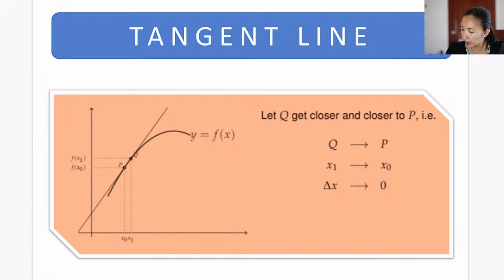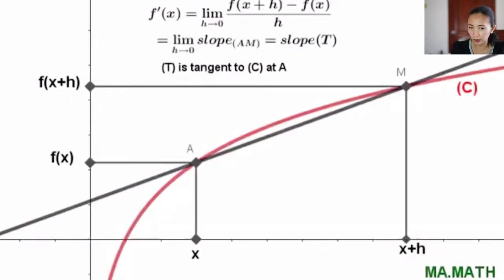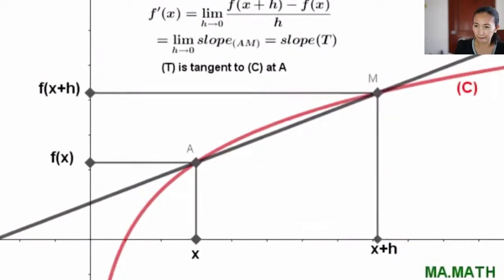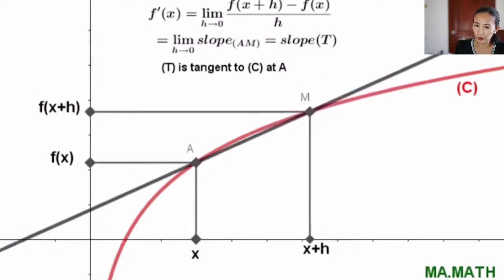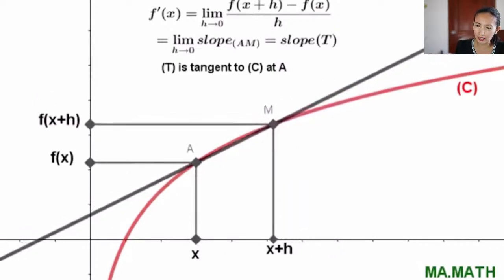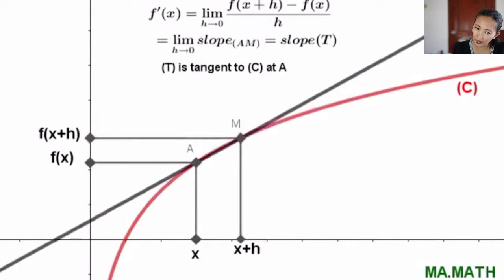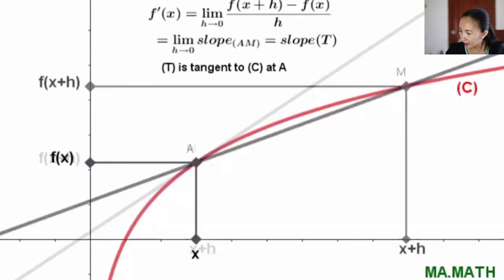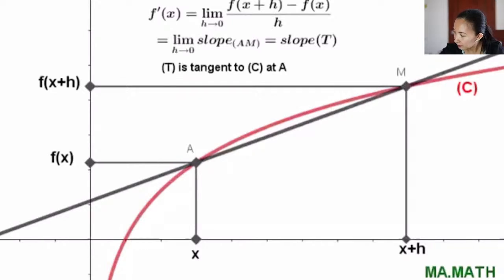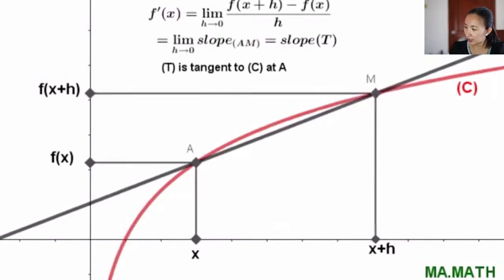So let me show you a video so that you can at least visualize what I'm trying to say. Ito. Can you see this? Yan. So we will draw our secant line such that it gets very, very close to the tangent line. Ulit. Okay, ulitin natin. What's happening here?